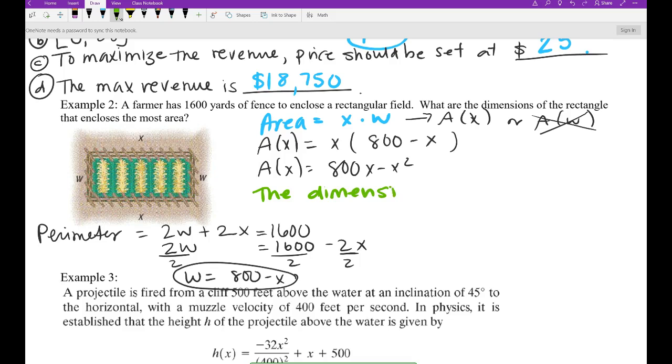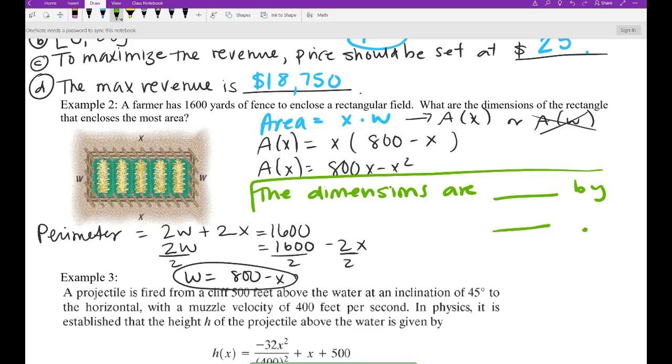The dimensions are something by something. And give me the correct unit of measurement. Why don't you and your partner work it out, share answers, and I'm just going to randomly call one of us, okay? Oh yeah, do we know the domain of this?